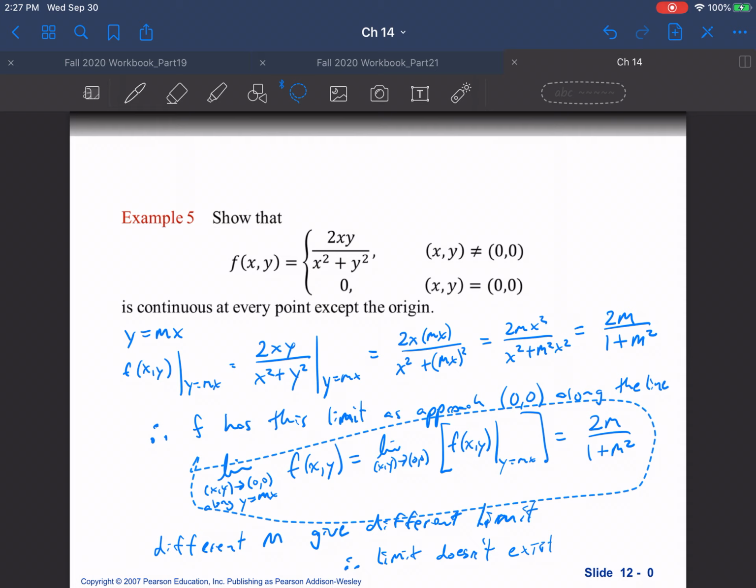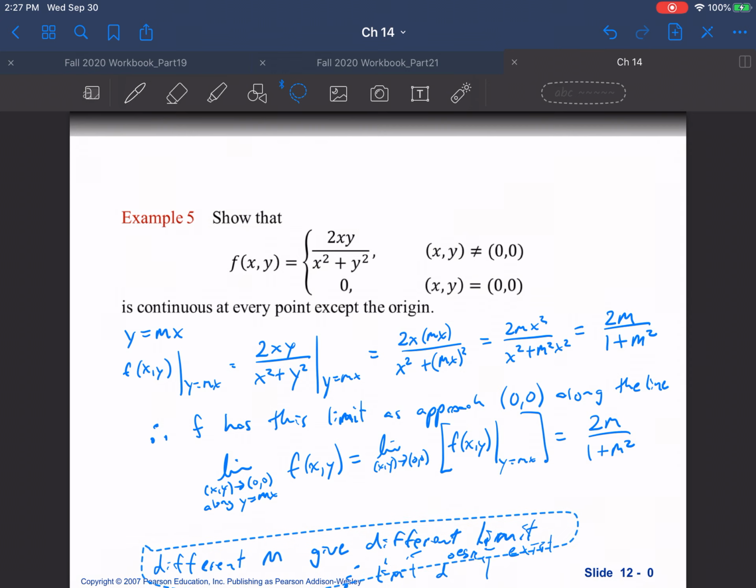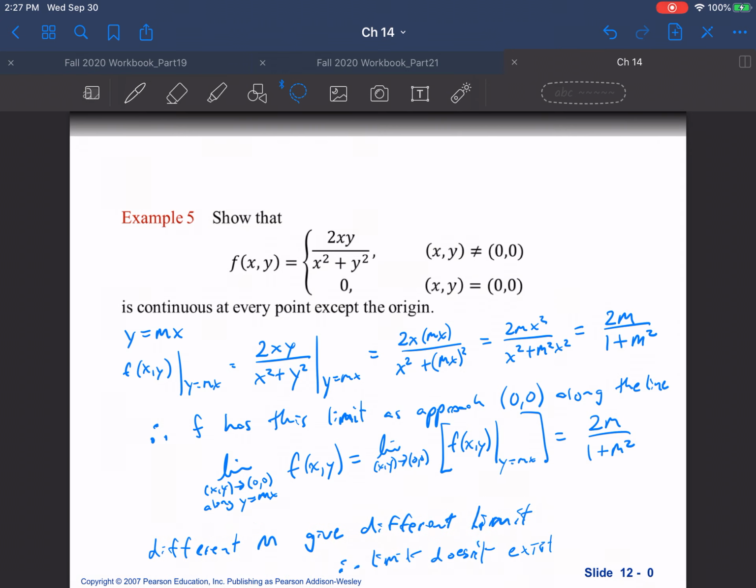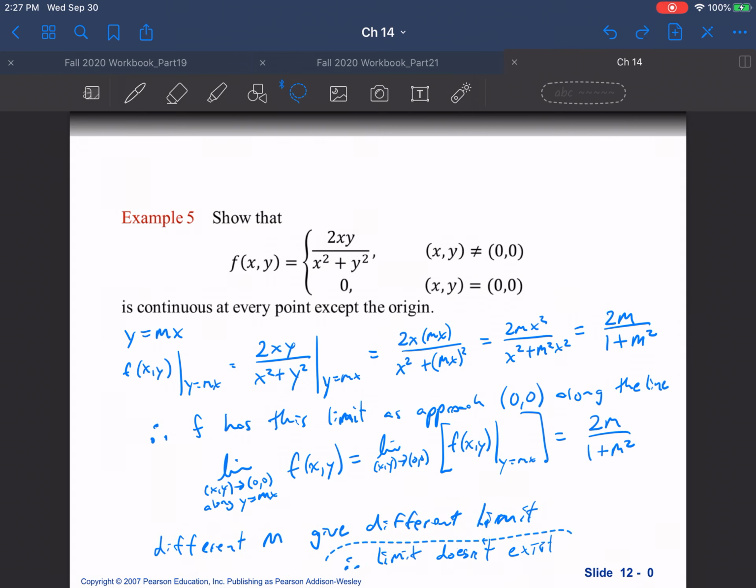Different values of m give me different limits, and therefore the limit does not exist. We can't have a limit exist if we can't even agree on what that limit is. It's different for every different path we look at.